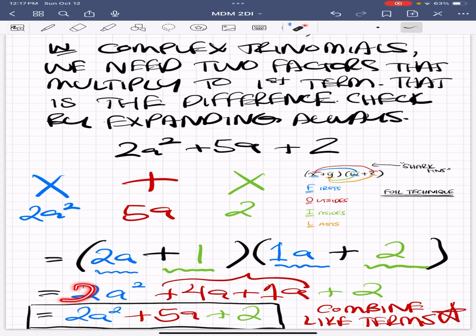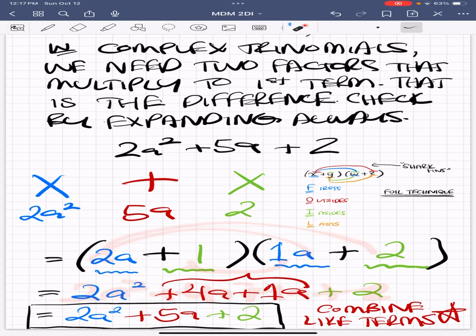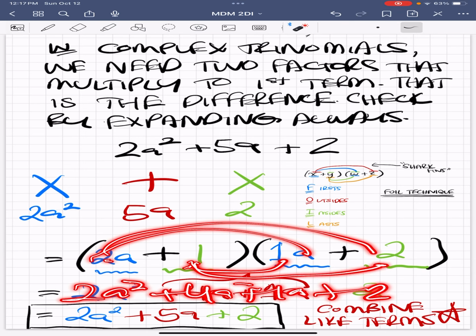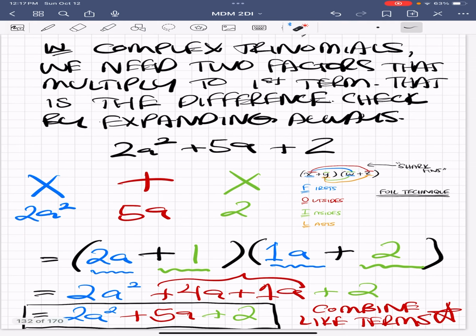I got 2a squared, plus 4a, plus 1a, plus 2. That's what I got when I expanded out the expression. Then I combined the like terms and got 2a squared plus 5a plus 2, which matches the original expression.